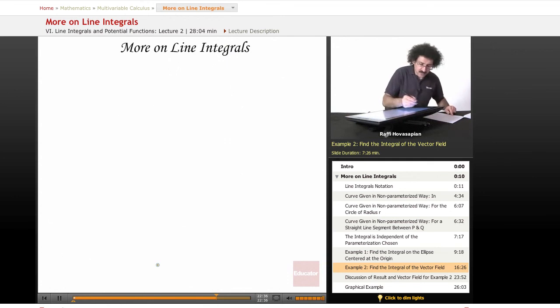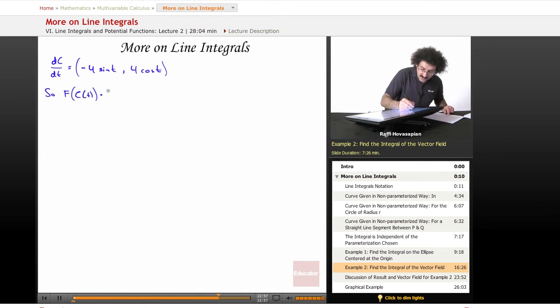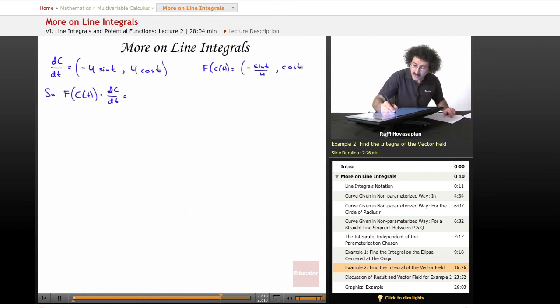Now, let's do dc dt. So dc dt, or c prime of t, is going to equal minus 4 sine of t and 4 cosine of t. So f of c of t dot dc dt is going to equal, let me rewrite the f of c of t again. f of c of t is going to equal minus sine t over 4 and cosine t over 4.